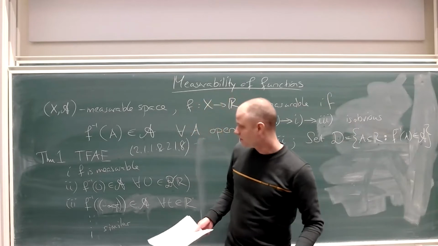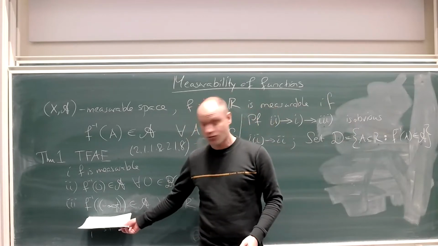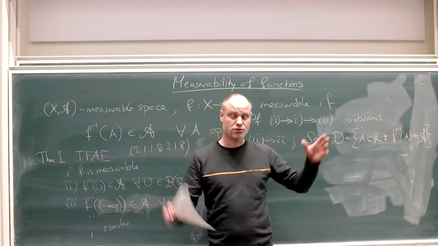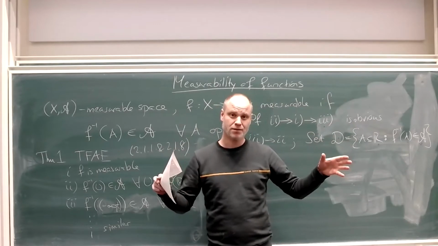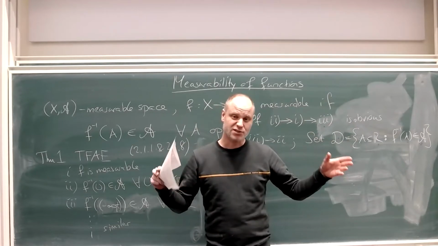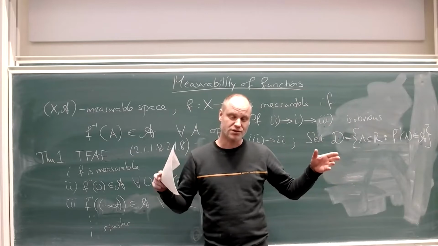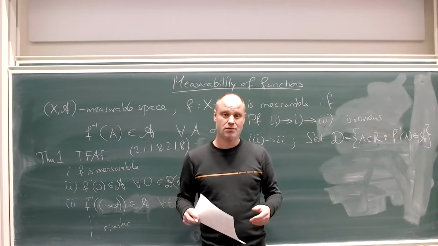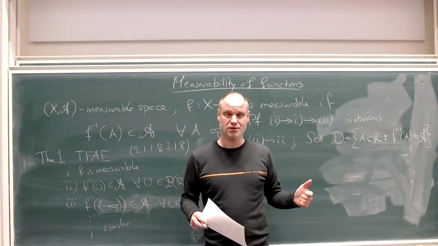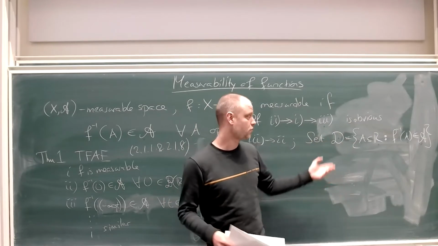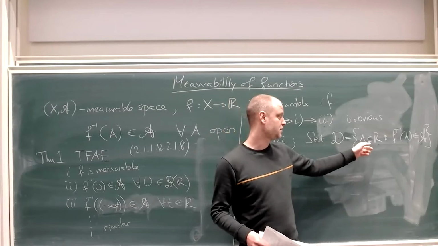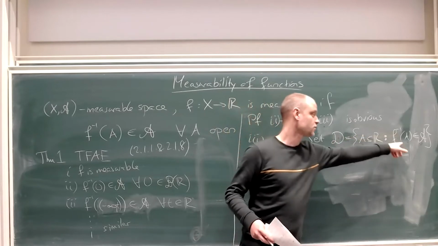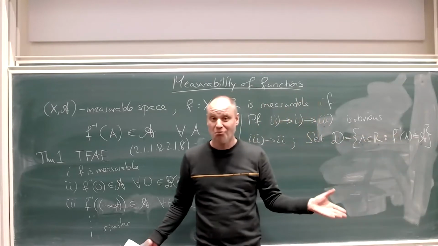Now, armed with 3, we know that this is a sigma algebra which contains all semi-axes. And since Borel is the smallest sigma algebra containing all semi-axes, according to a theorem earlier, D must be bigger than the Borel sigma algebra. Therefore, if I have a Borel set, it's going to be in D, so the pre-image is going to be in A. Clever, no?